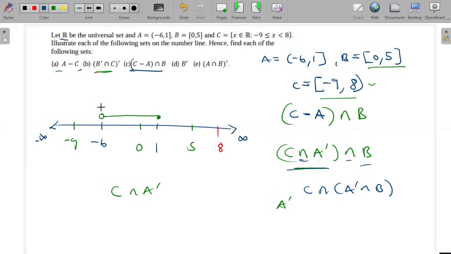So A complement is negative infinity to 6, closed at 6, union open at 1 to positive infinity. This is your A complement.